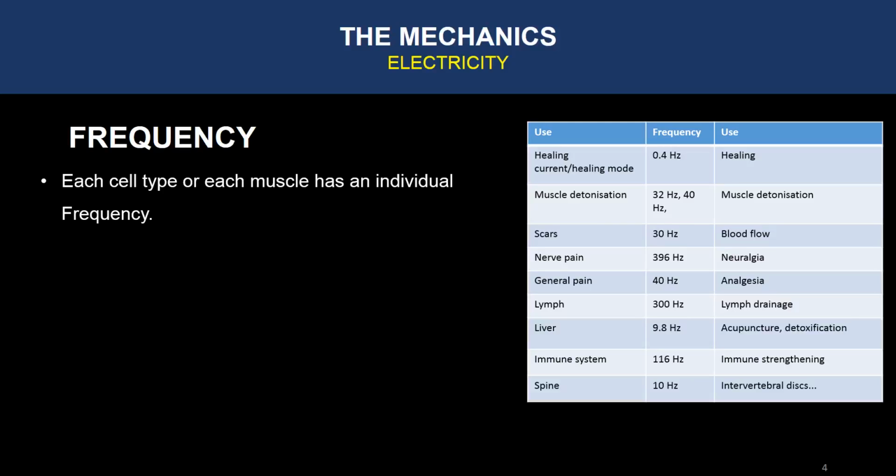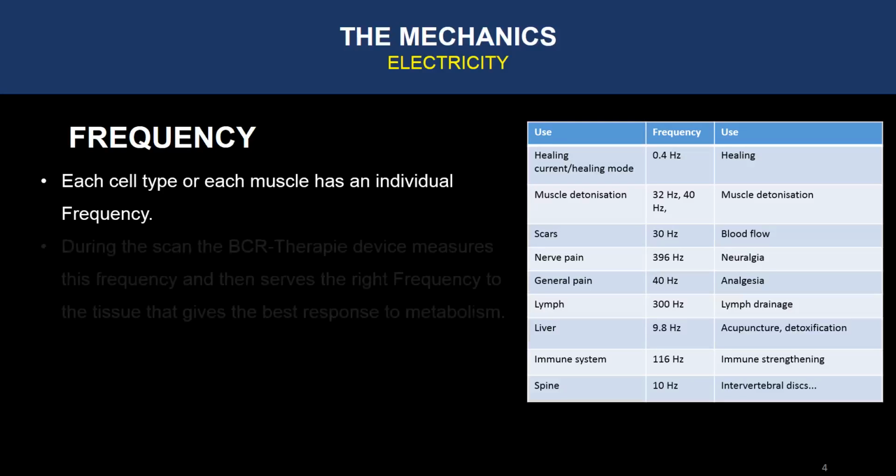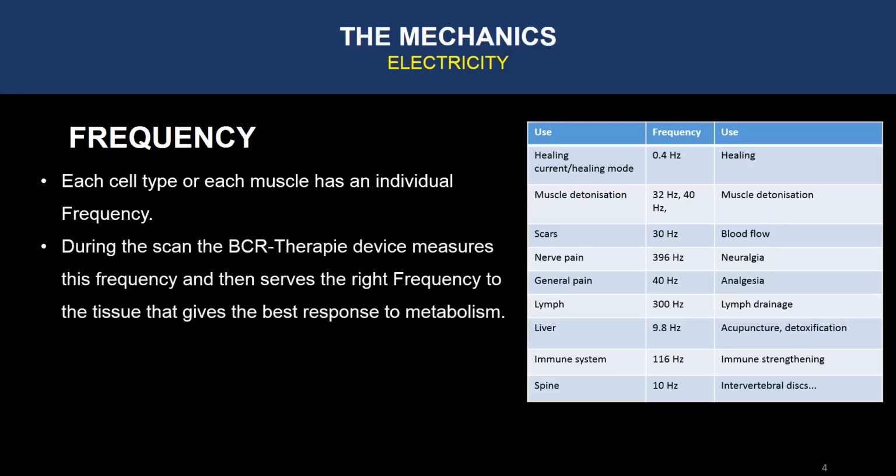Each part of the body has a specific frequency. So during the scan, the BCR therapy device measures this frequency, and then it serves the right frequency to the tissue that gives the best response to metabolism. So frequency is used to improve and normalize metabolism.